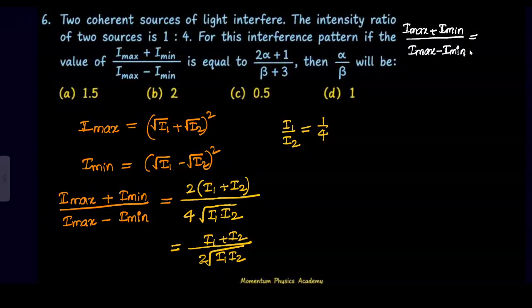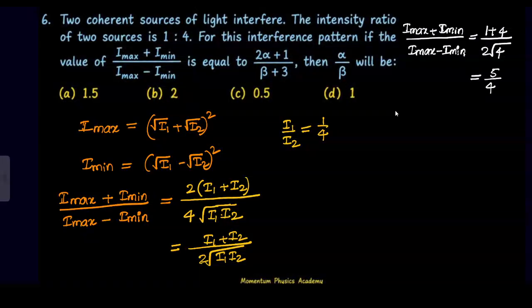I1 is 1, I2 is 4 now. This is 1 plus 4 by 2 into 1 into 4, which means 4 only. So this is 5 by 4 that will come.